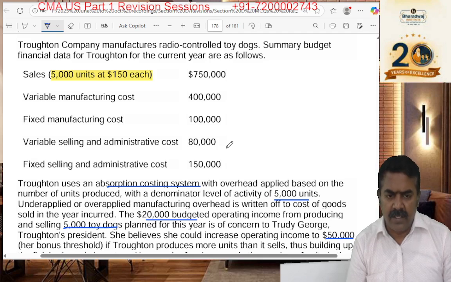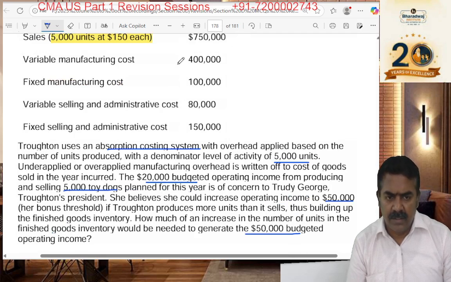What is your operating income? 7,50,000.